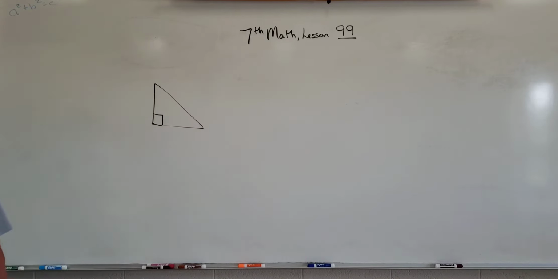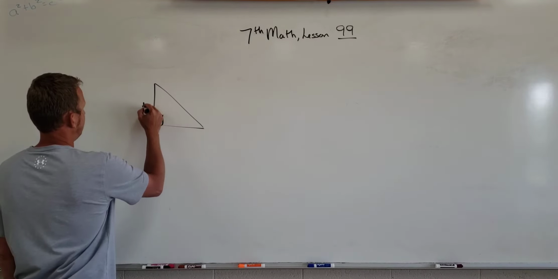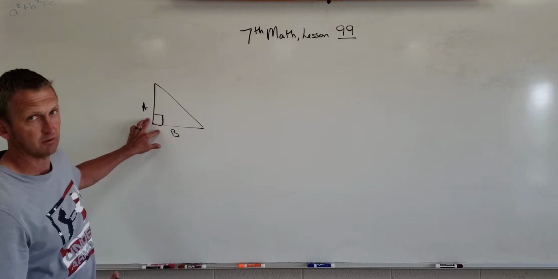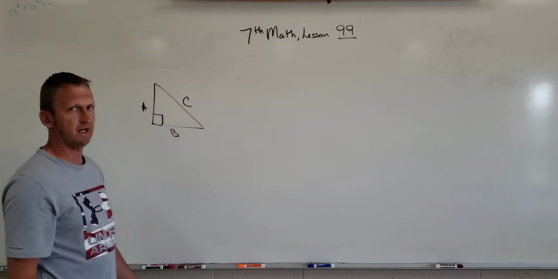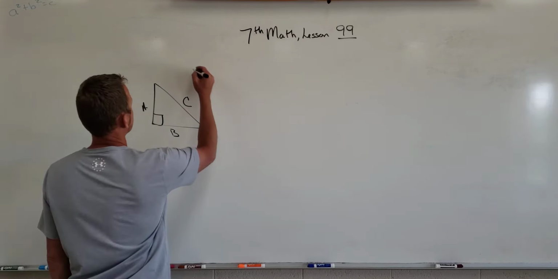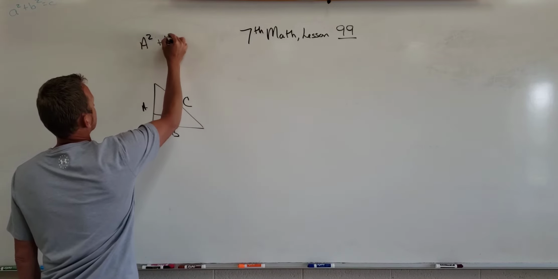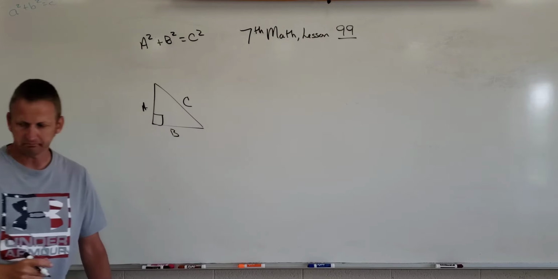With the Pythagorean theorem, essentially what it states is we have A and B, and these are the legs of our right angle. And then we have C, which we call the hypotenuse. The formula is A squared plus B squared equals C squared.